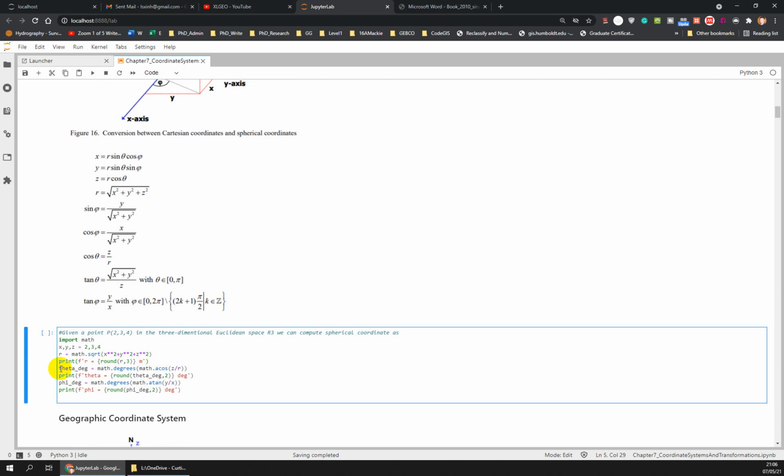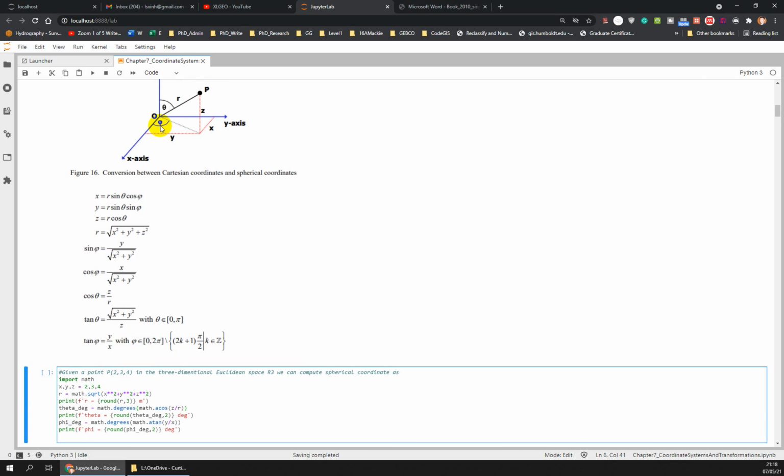Then we can print the result of r. After that, we calculate the angle theta. Theta is calculated based on this formula, which is math degrees of math arccos of z over r. Then we calculate phi, from this formula.